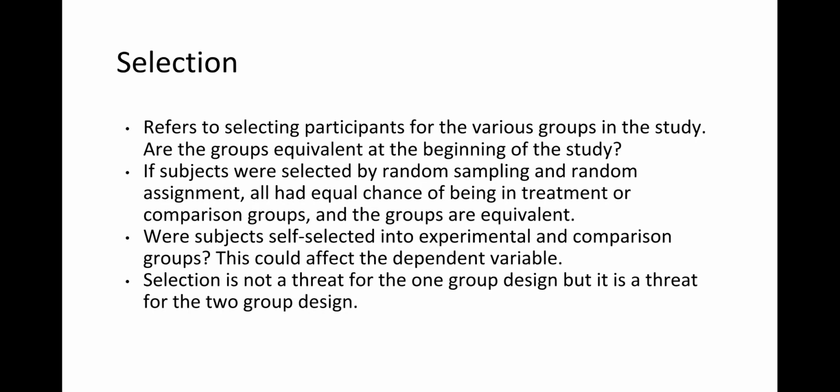Number two, if you randomly assign, what happened? Those groups become equivalent at the beginning of the study. One more time. It's very important. Random assignment makes your groups equivalent at the beginning of the study.